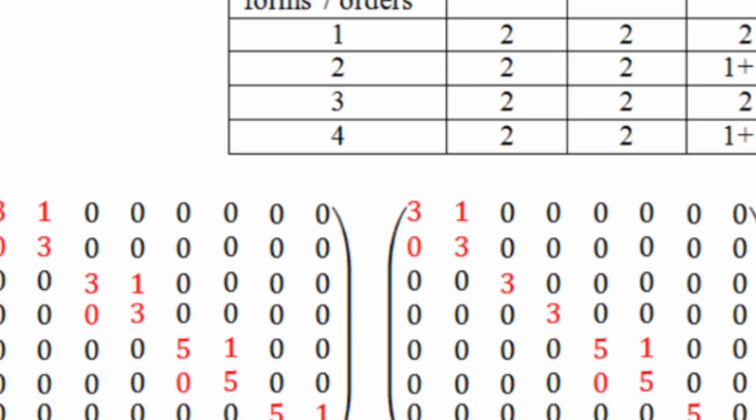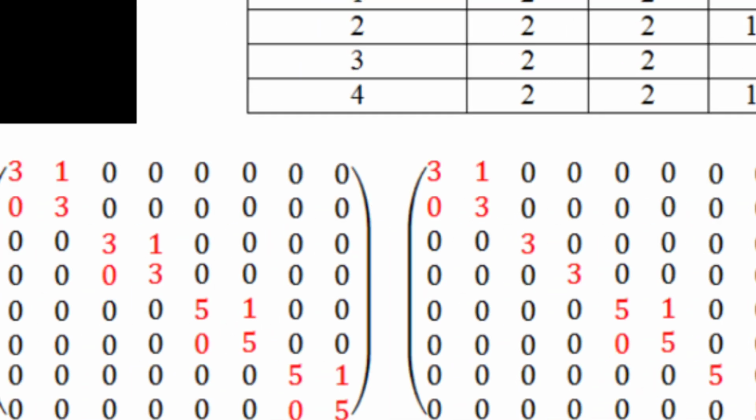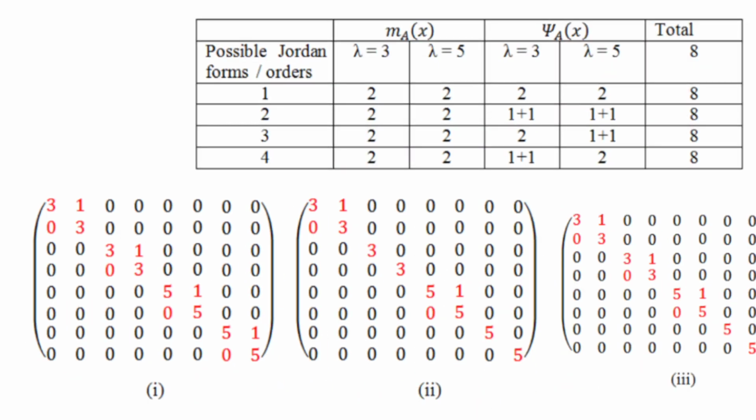So in the first matrix, 3 1 0 3 is the block. Corresponding to lambda equal to 5 you write the similar block, and you take lambda equal to 3 for chi A of x.